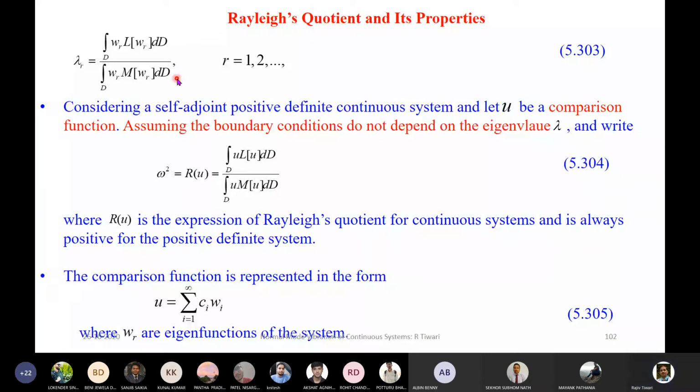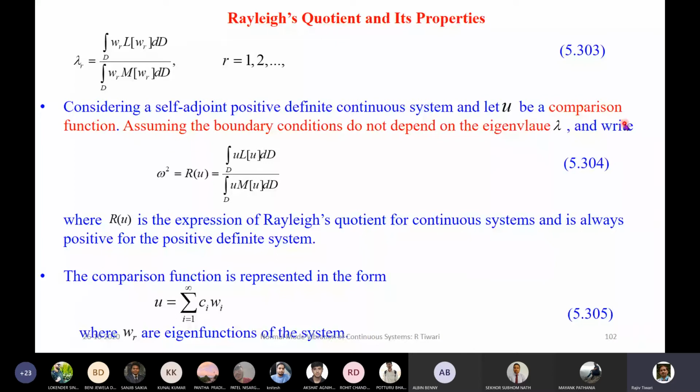Now, to get the eigenfunction, we need to solve the eigenvalue problem first. But before solving the eigenvalue problem, whether we can have some approximate value of the eigenvalue, that is the aim of the Rayleigh quotient. So now we are directly assuming this eigenfunction in the form of a comparison function.